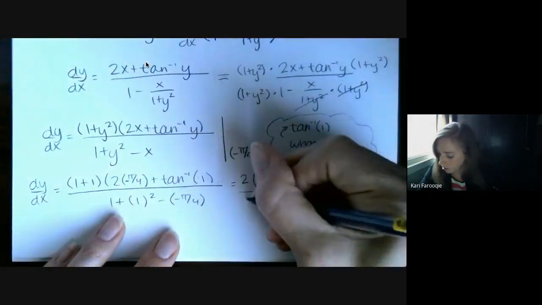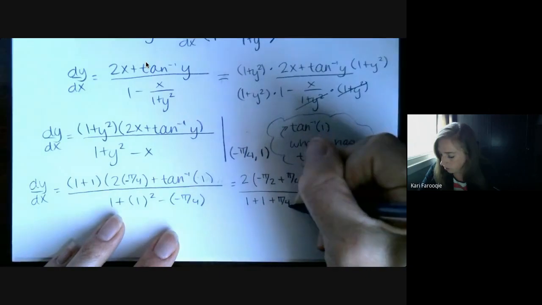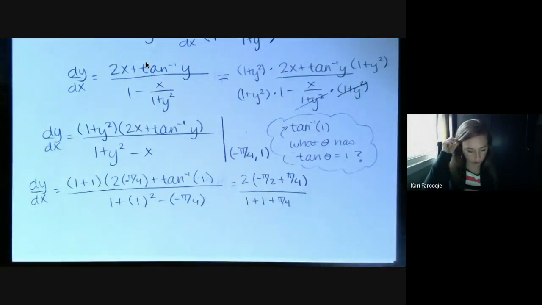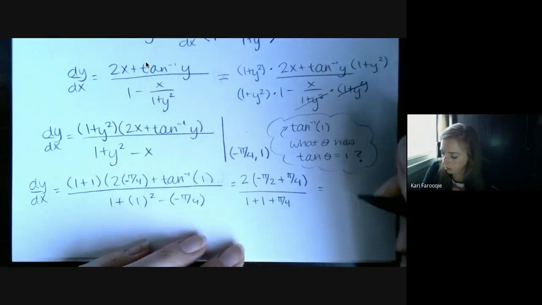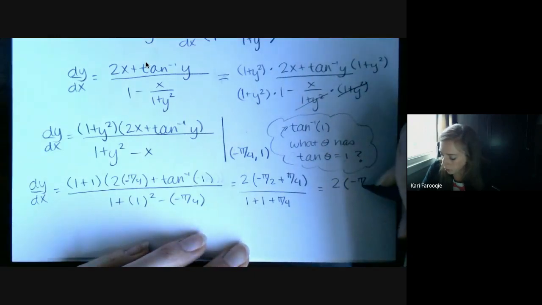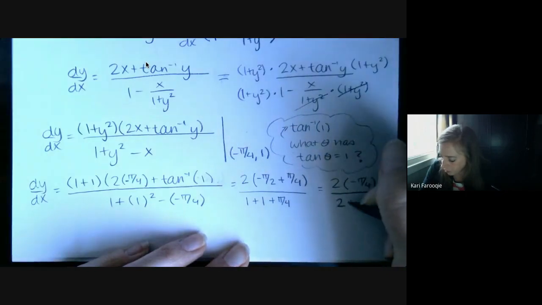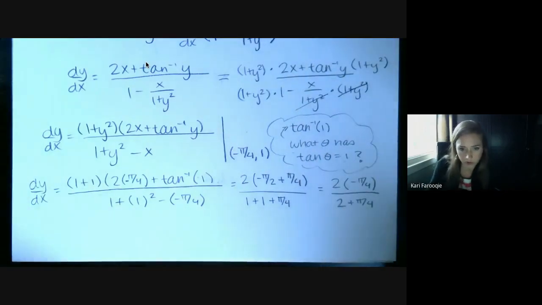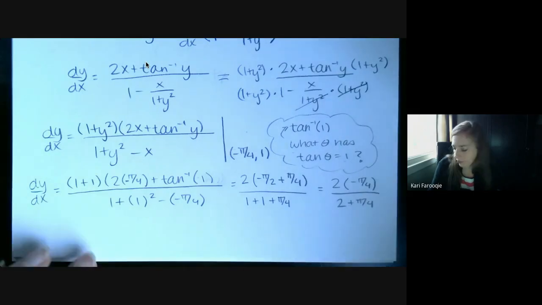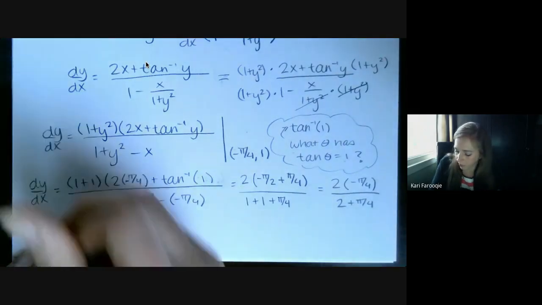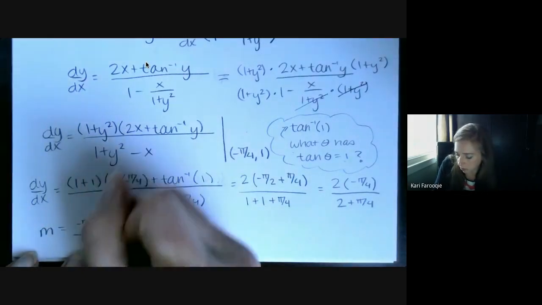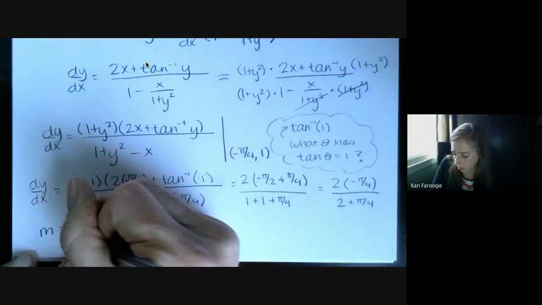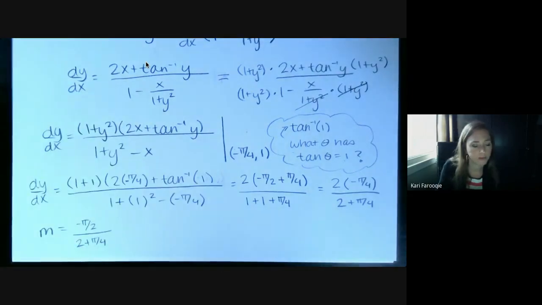All right, in the denominator, I have 1 plus 1 plus pi over 4. And we are going to simplify this. Negative pi over 2 plus pi over 4 is negative pi over 4 divided by 2 plus pi over 4. I'm simplifying this in pieces. Now I am trying to get to my slope, which is going to be negative pi over 2 divided by 2 plus pi over 4.